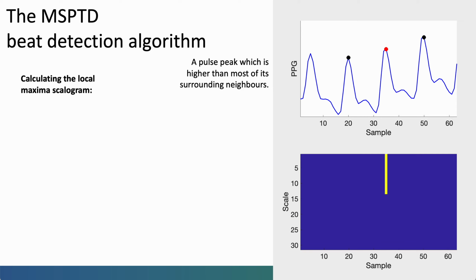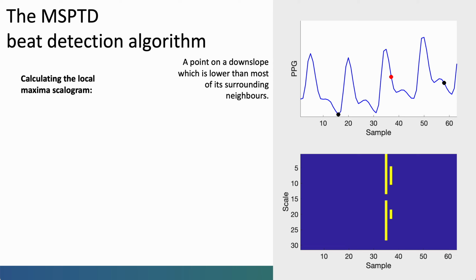And here you can see that this systolic peak is higher than most of the other points on the signal, so most of those points are yellow. In contrast, if we look at a point on a downslope, then here it is briefly higher than its neighbours, but otherwise it's lower than one or other of the neighbours.